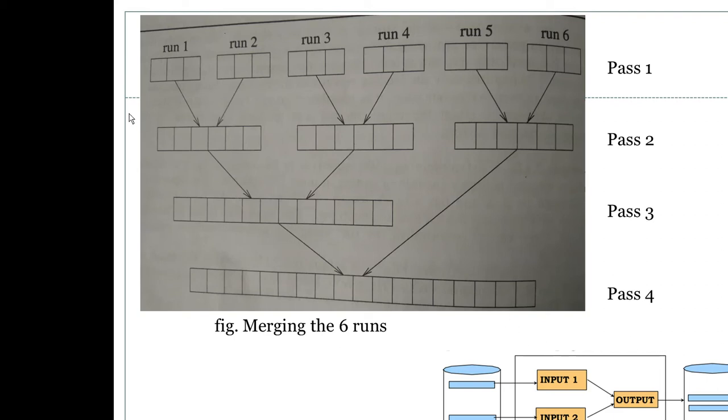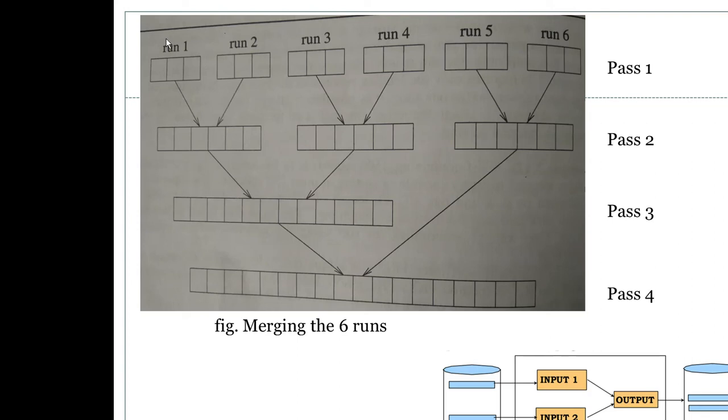Next, the second record from the first block of run 1 will be compared with the first record of run 2. Whichever is smaller will be written onto the output buffer. Once the output buffer is full, it will be written back onto secondary memory and the output buffer will become empty. Right? I have explained this previously also.